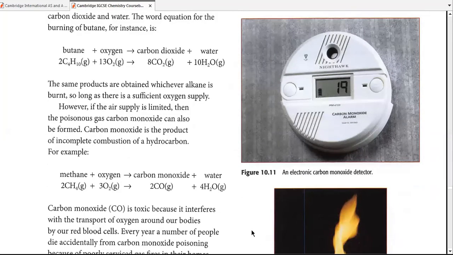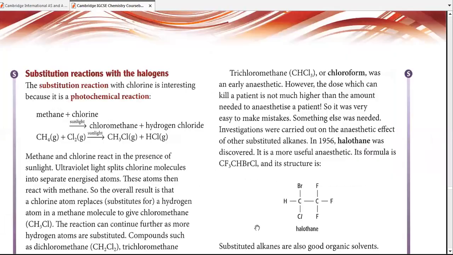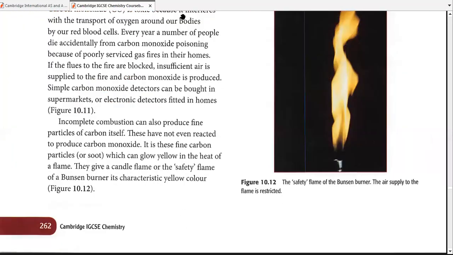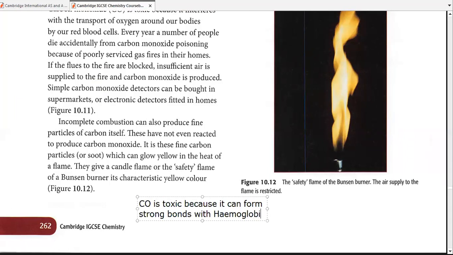Something that is not written in the book, and you are supposed to write it over here. Let me write it on the book so that all of you can write it too. Carbon monoxide is toxic because it can form strong bonds with hemoglobin. I hope you are familiar with the word hemoglobin from your biology book.